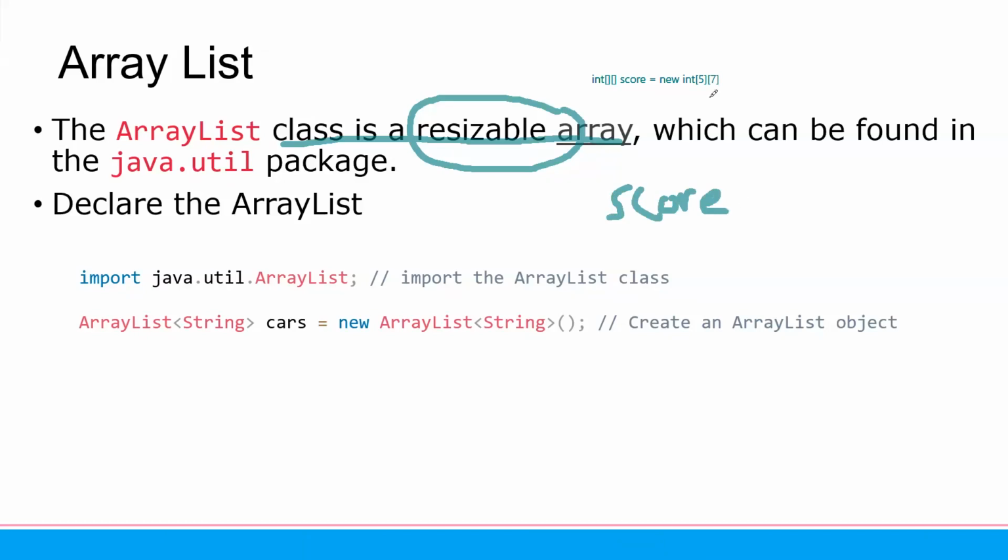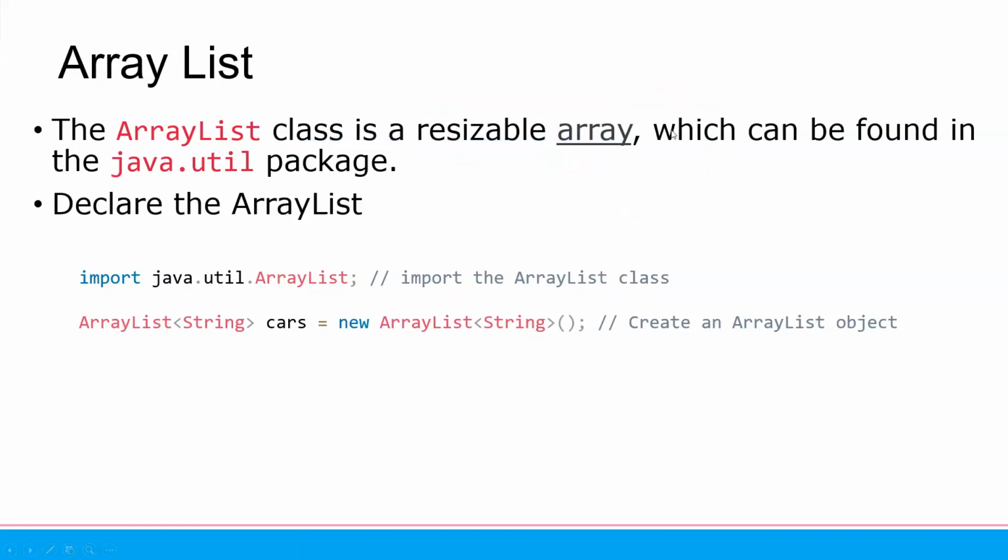Then you need to expand here, maybe increase into 6, 7. And if you want to increase again, what happens? You need to change again in this definition, so maybe becoming 7 and 7. Oops, sorry. So every time you need to increase, you need to set up the size in the beginning.